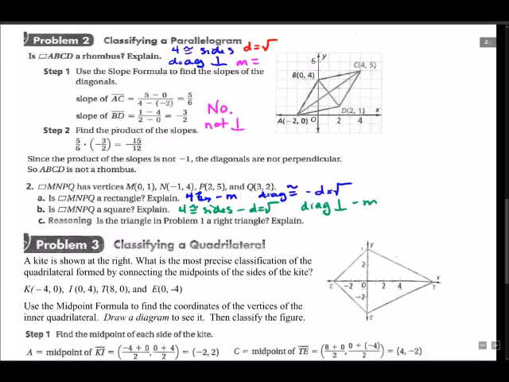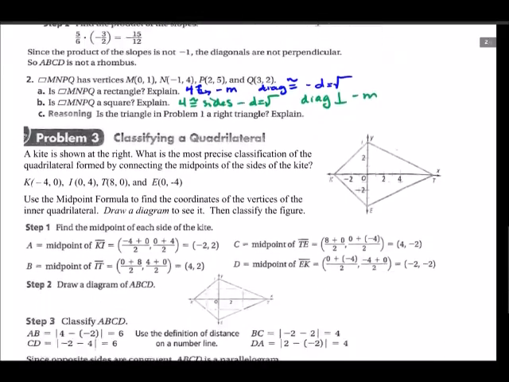So that's slope. So making things a square is going to take a few extra steps. But again, we are just checking sides and angles and diagonals. We are checking, are things parallel? Are things perpendicular? Do they make right angles? Are the sides congruent? So that's all we can do with these.